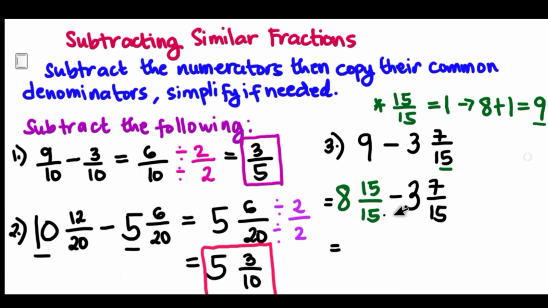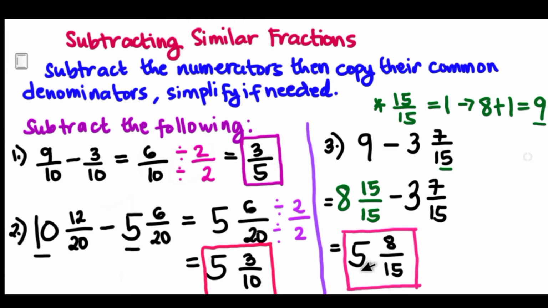So, 8 minus 3 is 5. 15 minus 7 is 8 over 15. Pwede ba bang i-lowest term si 8 over 15? Meron pa bang pwedeng i-divide sa kanila maliban sa 1? Wala na po. So, the final answer will be 5 and 8 over 15.